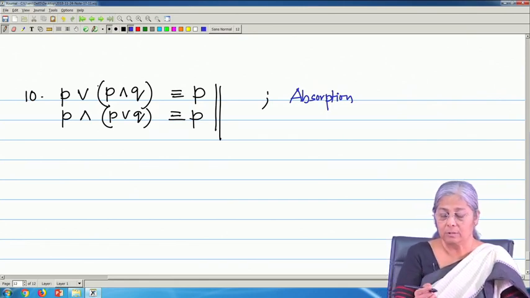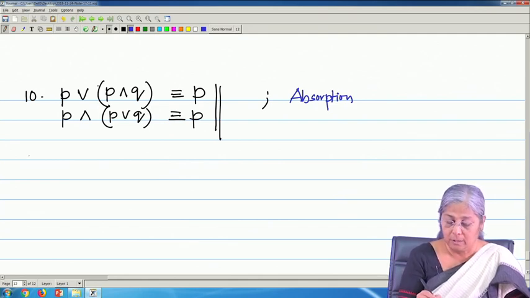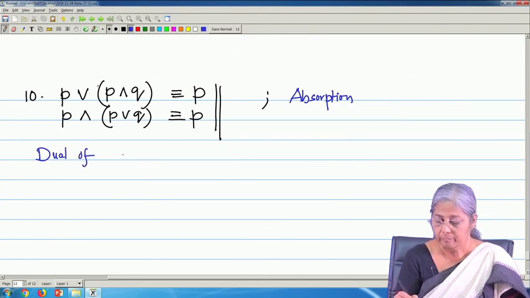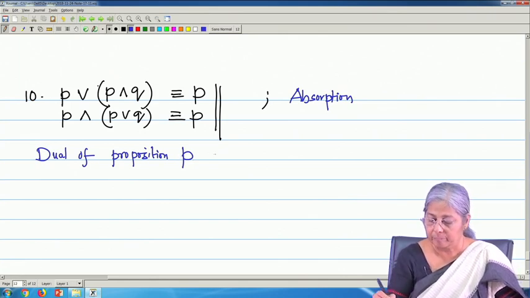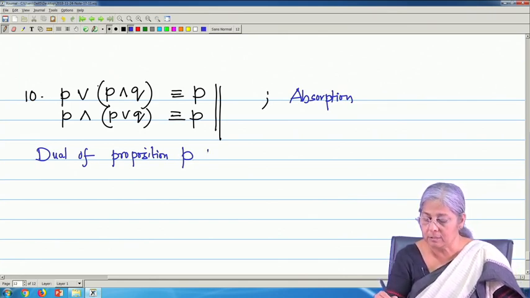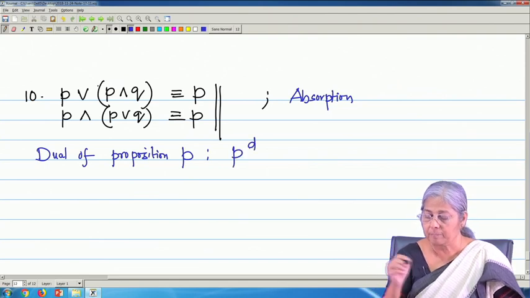Now, there is another concept called the dual of a proposition P. Normally, we denote this as P^D.